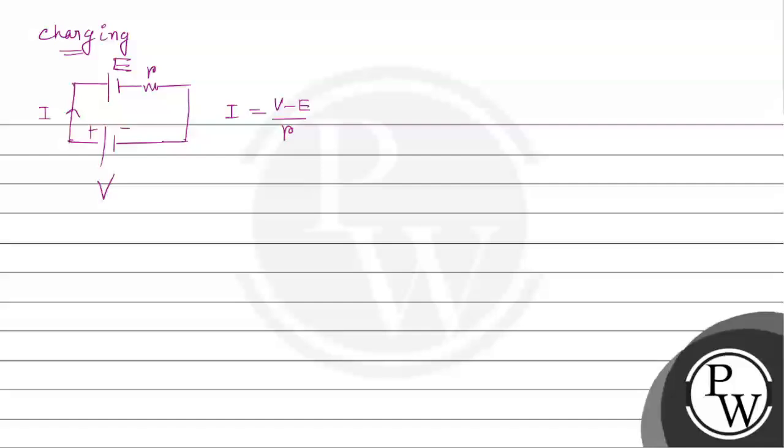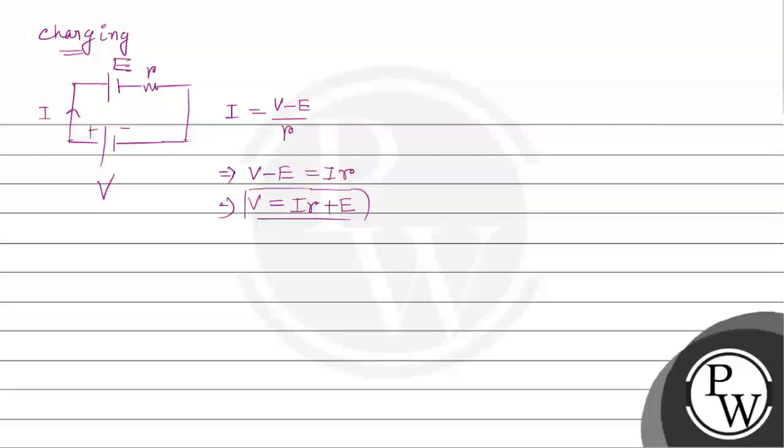In the case of charging, the EMF of the cell is less than the terminal voltage applied, that is less than the external source voltage. In the next line we can write that V minus E equals I into small r, and V equals I into small r plus E. So this is the condition for charging.